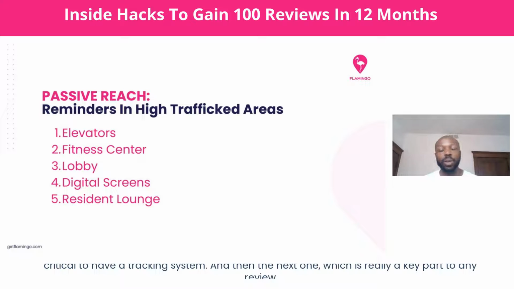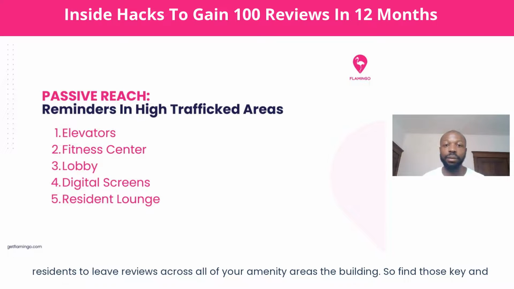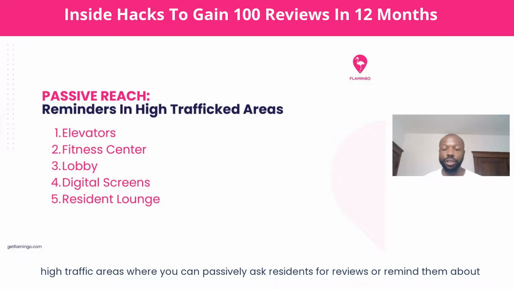And then the next one, which is really a key part to any review generation strategy, is passive reach. So what passive reach means is you want to passively ask residents to leave reviews across all of your amenity areas, the building. So find those key and high traffic areas where you can passively ask residents for reviews or remind them about reviews.